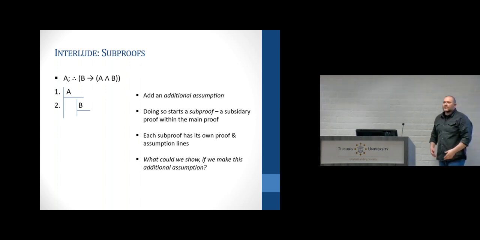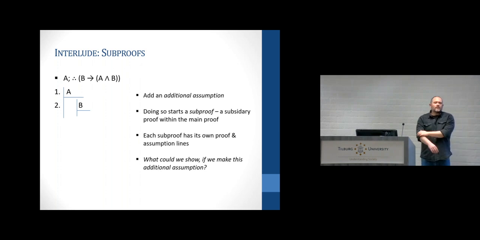So, with that in mind, what can we do at line 3? What could we derive at line 3 based on what we have here? And remember, whatever we derive is going to be on the inside, in the subproof, and it can use anything on the subproof line and anything on the main proof line.